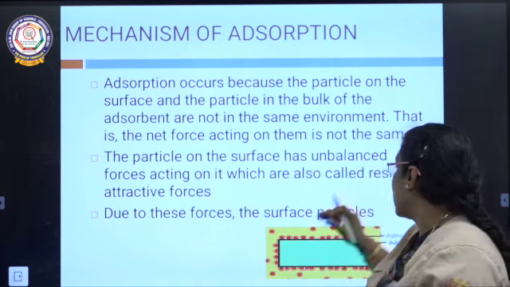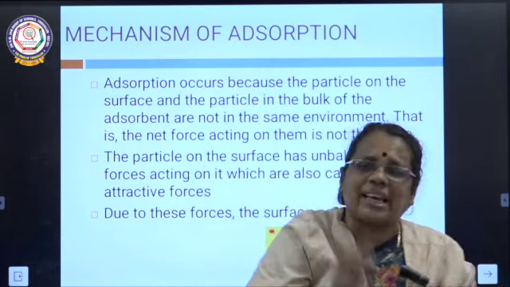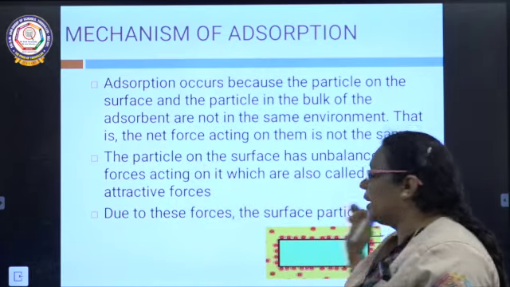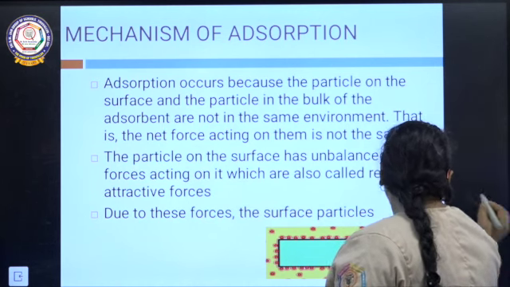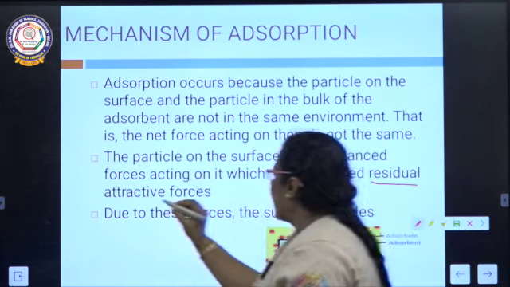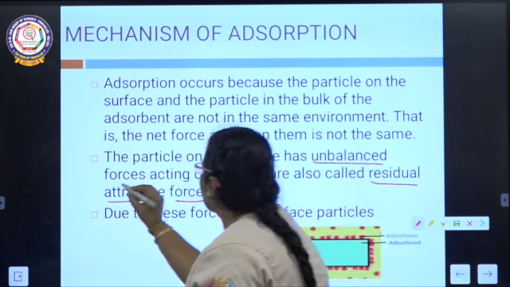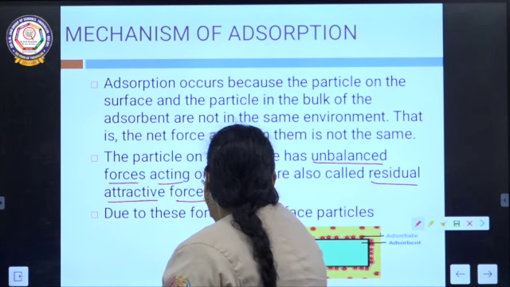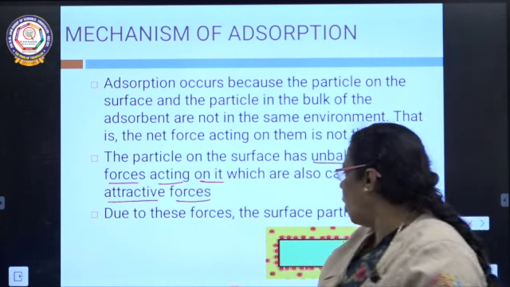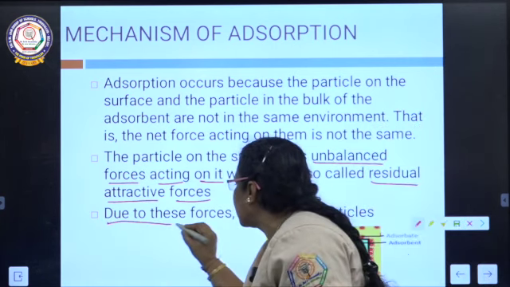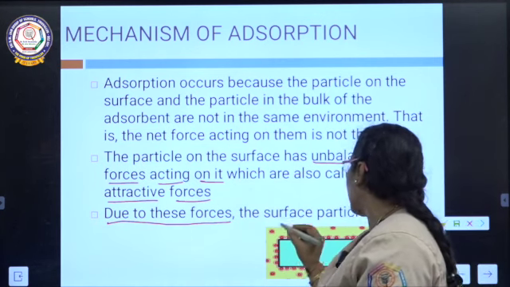We can call it residual attractive forces. So the unbalanced forces acting on the surface, we can also call residual attractive force. So due to this residual force of attraction, the surface particles.